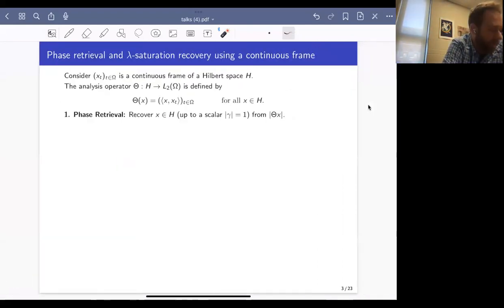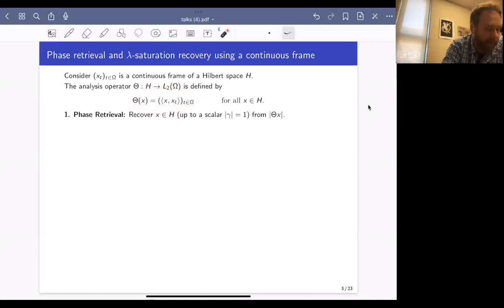Okay, so with this idea in mind, let's think about phase retrieval and saturation recovery. And so the idea for phase retrieval, one of the ways I like to think about it is I have a continuous frame. My continuous frame gives me a bunch of frame coefficients, which are measurements of some vector, but sometimes I can't obtain the full frame coefficients.